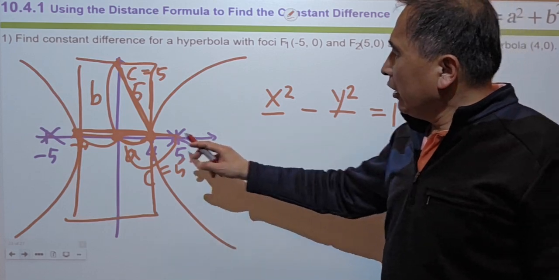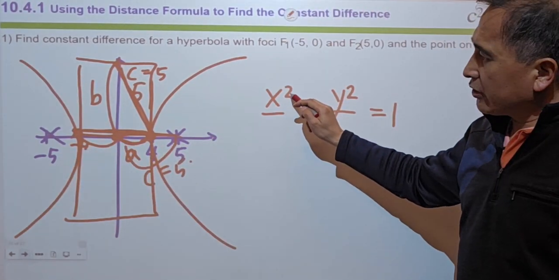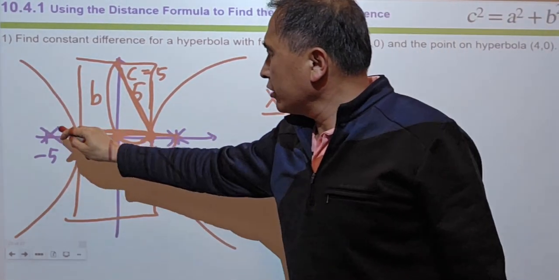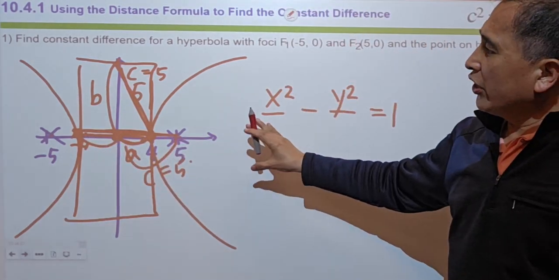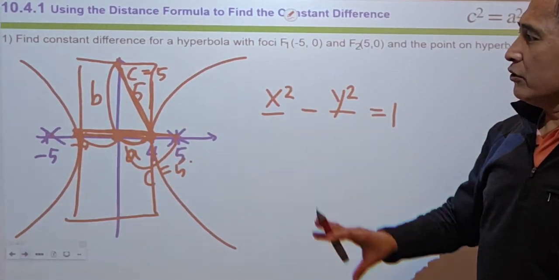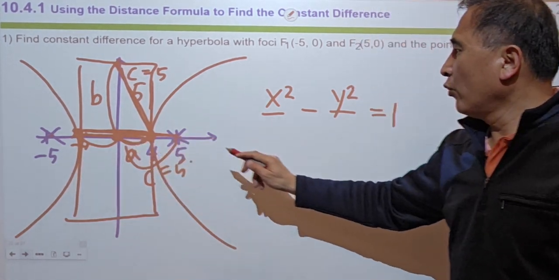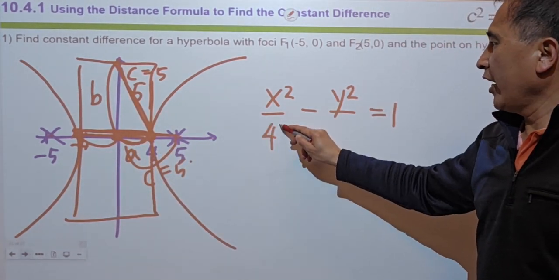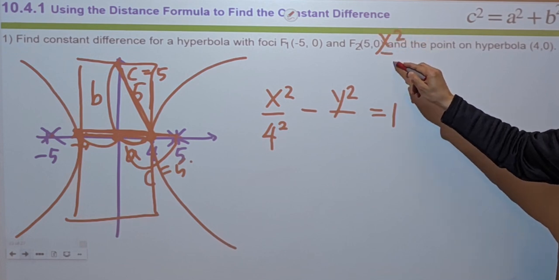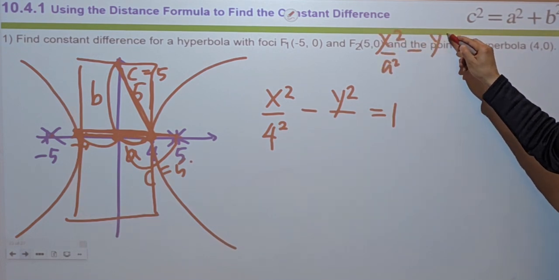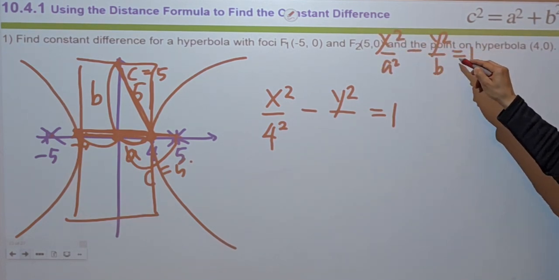That one is along the x-axis, so that's why x squared goes first. The foci, vertices and transverse axis are on the x-axis. And a was 4, so that's 4 squared, a squared. The formula is x squared over a squared minus y squared over b squared equals 1.